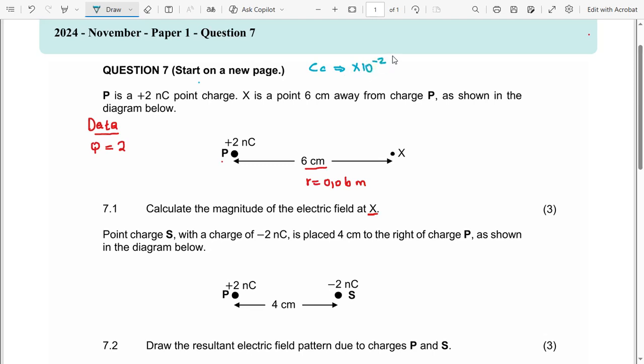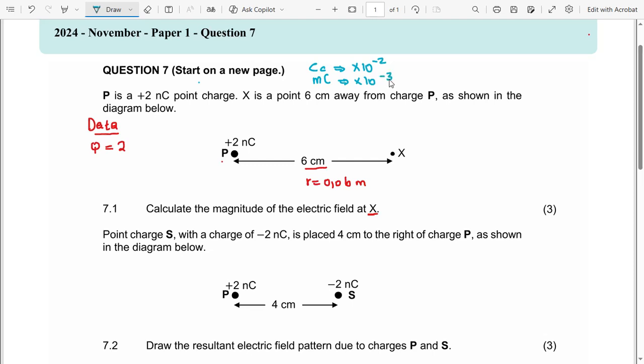Another one is milli. If it's given in milli, you multiply by 10 to the power negative 3.